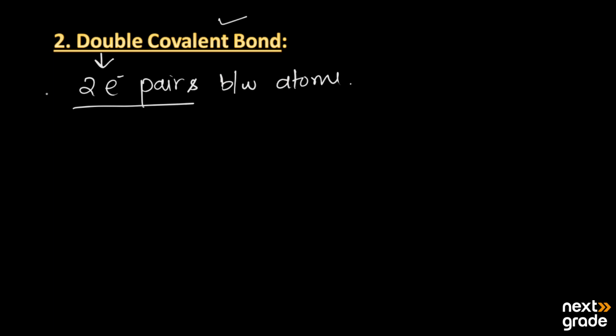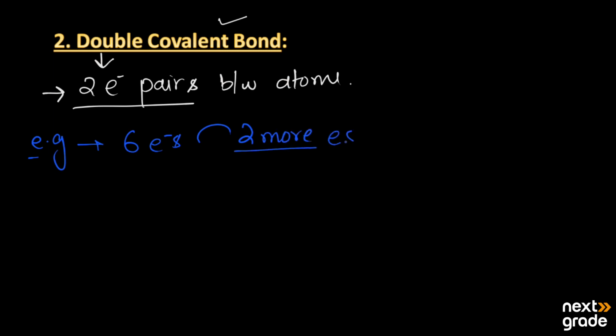For example, the atoms that have 6 electrons in their valence shell need two more electrons to complete their octet. So the atoms from group 6A, such as oxygen, form O2, which is an example of a double covalent bond.